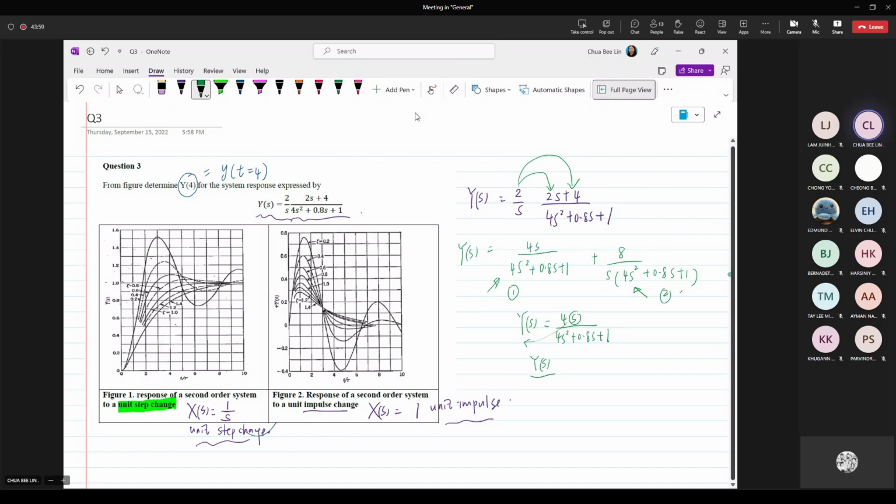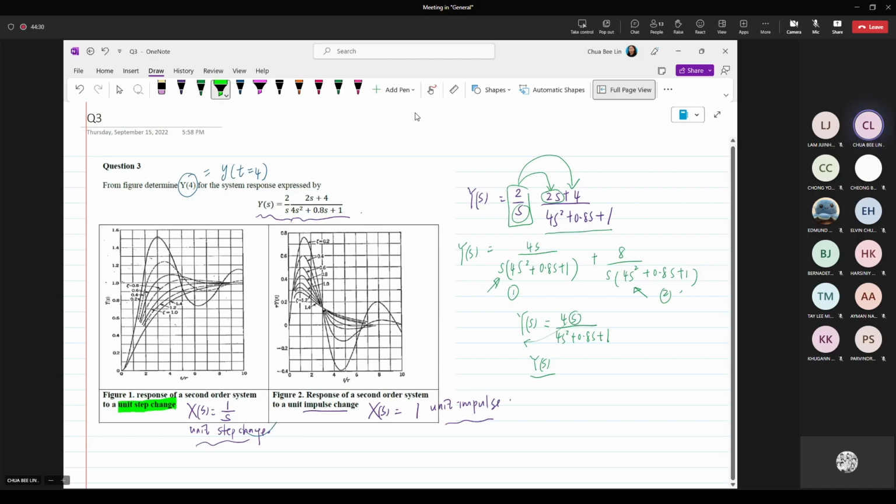The s was missing just now because the whole thing is multiplied with this, then over this.